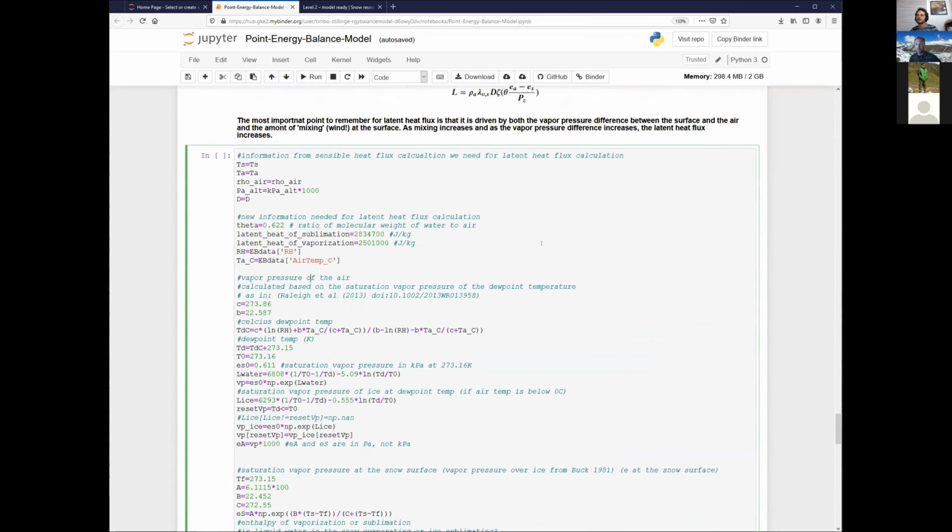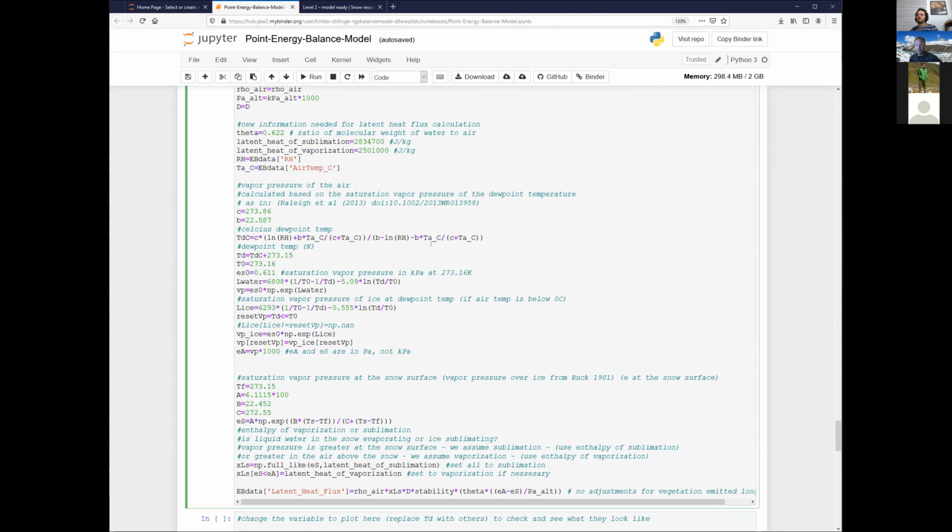Okay, latent heat flux. These are the equations that we use to calculate what the vapor pressure is. And for the vapor pressure of the surface, so the vapor pressure of the snow, we can calculate it right here.